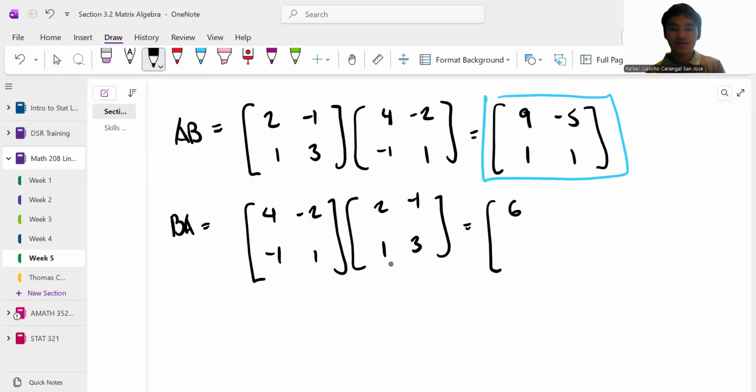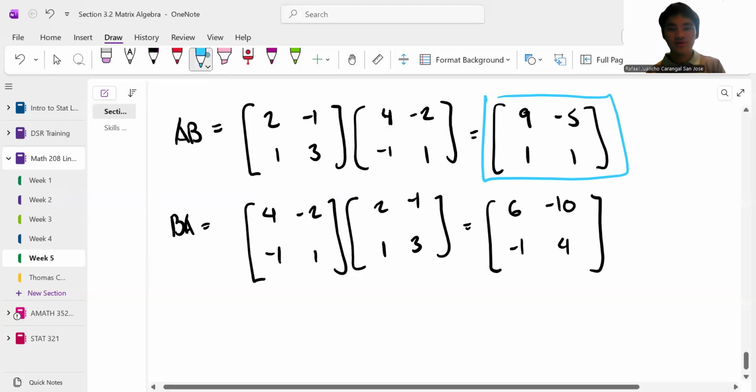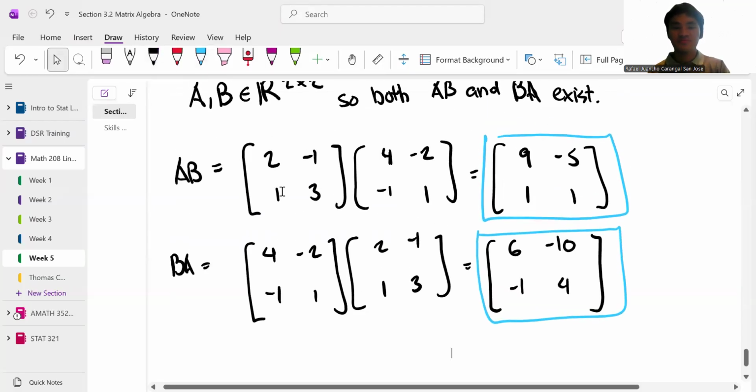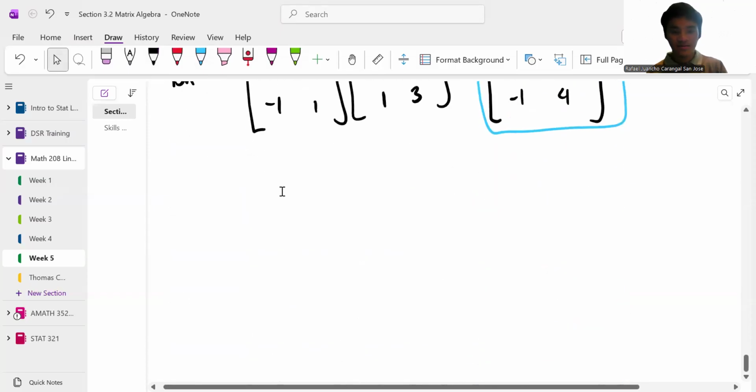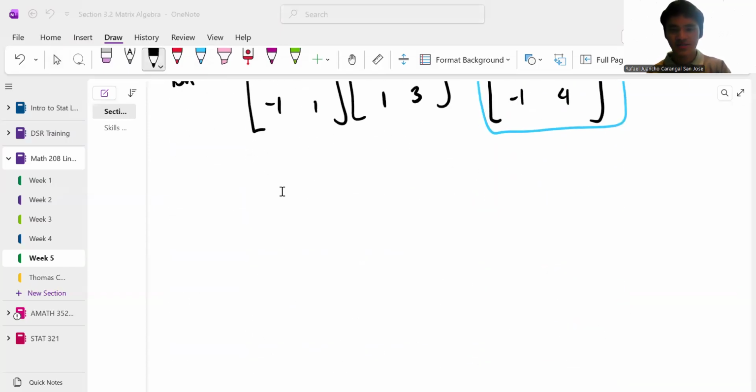Minus 2 plus 1 is negative 1. And 1 plus 3 is 4. So immediately we can see that the product BA is different from AB, right? I hope that makes sense.